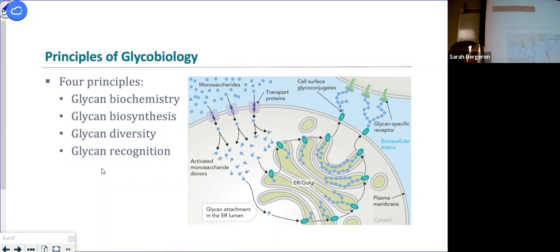So then you have glycan diversity, right? You're going to have all these different glycan groups attached to different proteins, different lipids. And you can have classes that do particular functions depending on the sequence of glycans attached to them. And then glycan recognition.